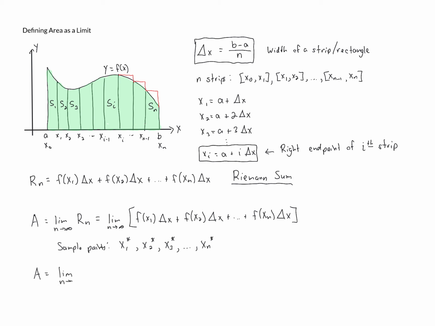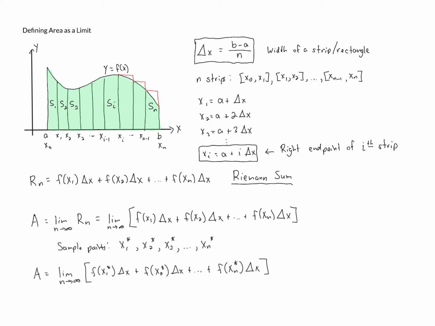We can pick any sample points in each of those intervals and define the area to be the limit as n approaches infinity of that sum where we take the function evaluated at the first sample point and multiply it by the width delta x, plus the function evaluated at the second sample point times delta x, plus ... all the way up to the function evaluated at the nth sample point times delta x.